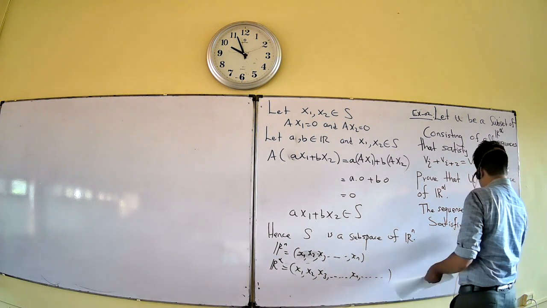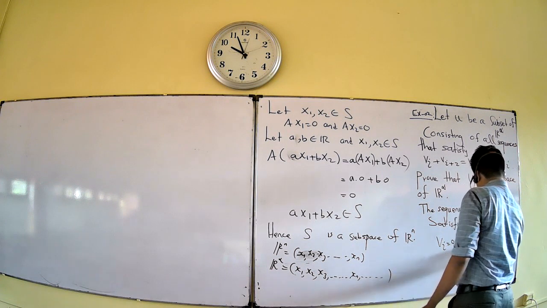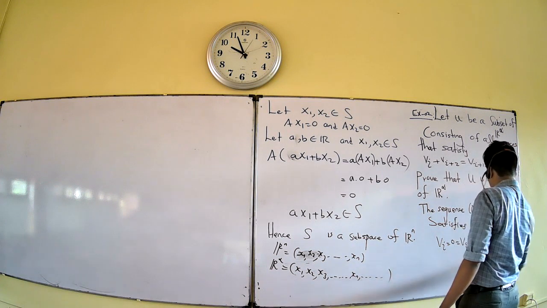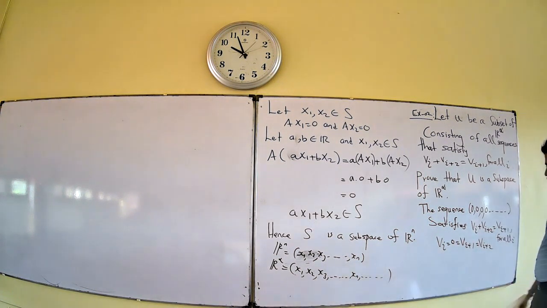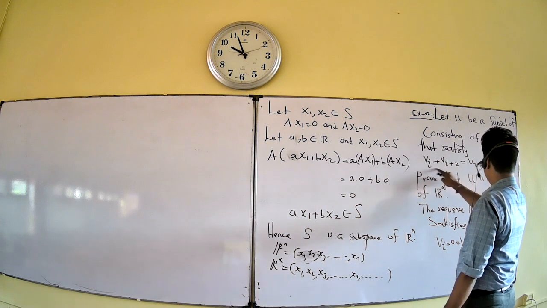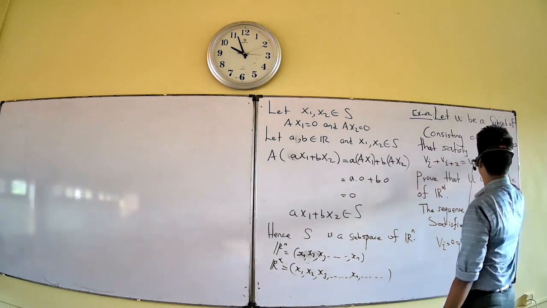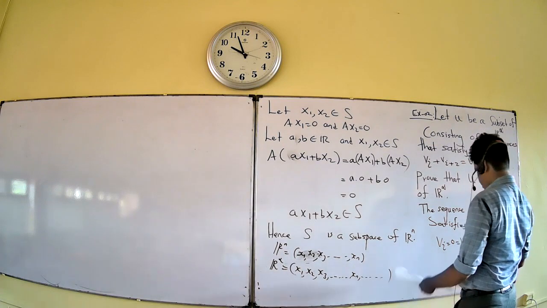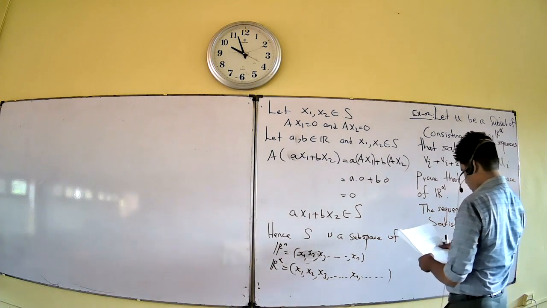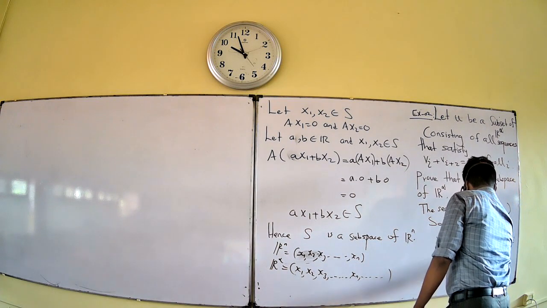For this case, you take all Vi's as 0, and Vi plus 1 also 0, and Vi plus 2 also 0, because 0 plus 0 is 0. Therefore, 0 satisfies this equation, so the zero sequence is a solution.